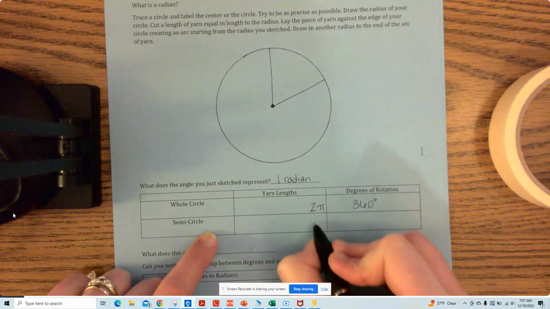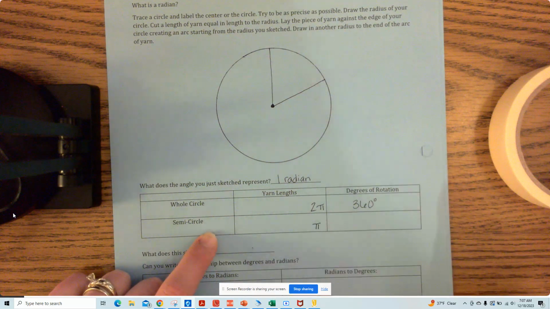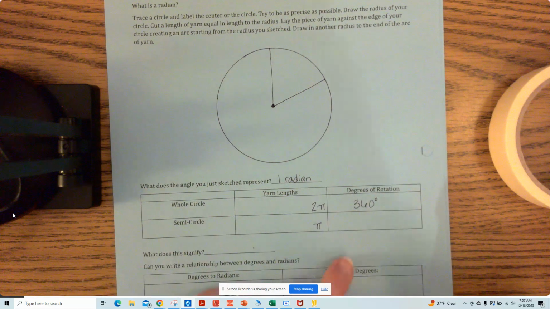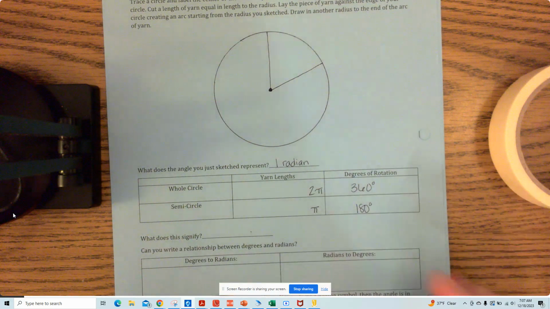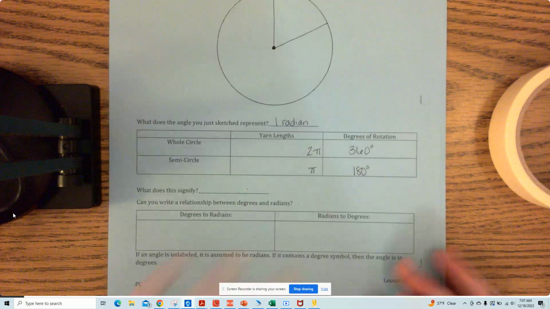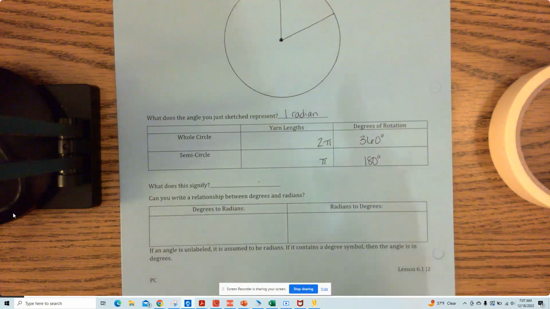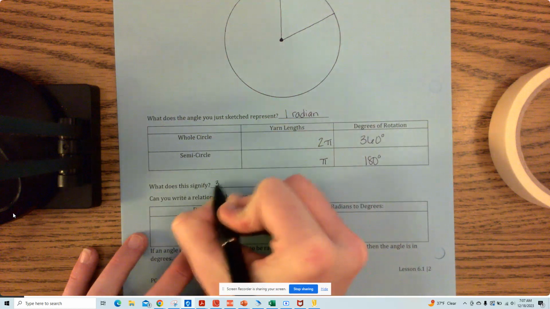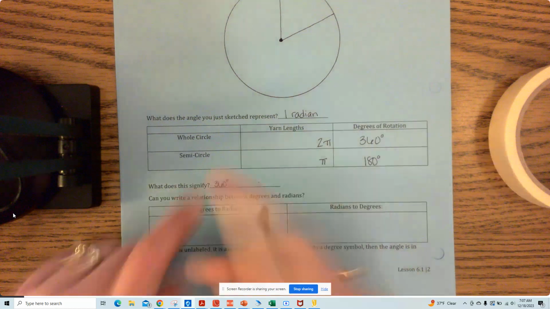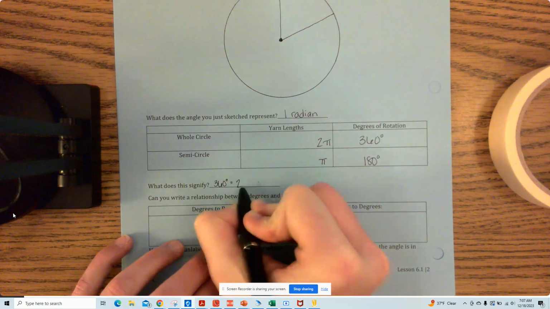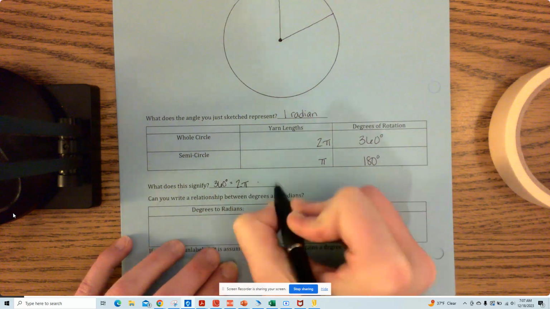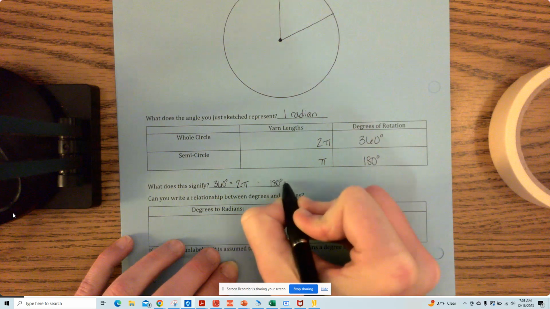A semicircle would just be pi, and the degrees of rotation is 180 degrees for a semicircle. I know it doesn't make a lot of sense now, the pi and the 180, but I think you'll catch it. So what does this signify? 360 degrees is equal to 2 pi, or 180 degrees is equal to pi.